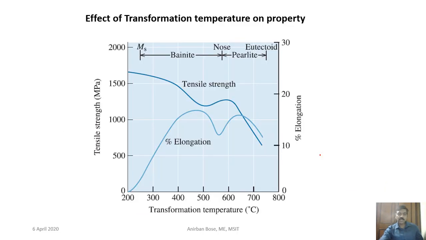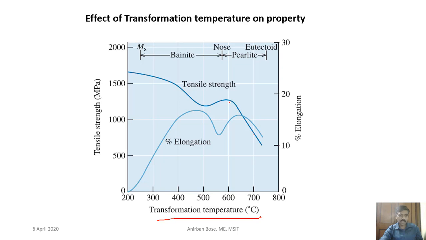Now finally, the strength with the change of microstructure is quite visible. You can see that if the transformation temperature gradually decreases, then the strength of the material gradually increases. That means if the transformation occurs at 700 degrees centigrade or 675 degrees centigrade, those are basically pearlitic structures.